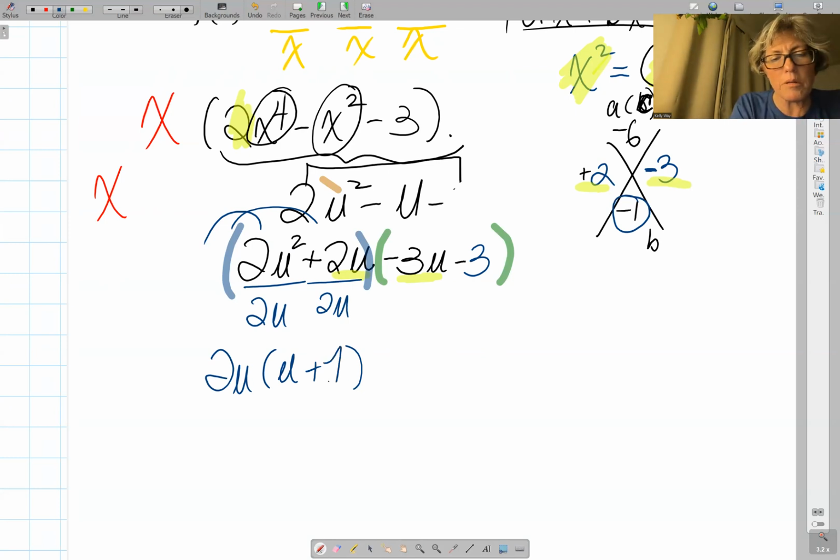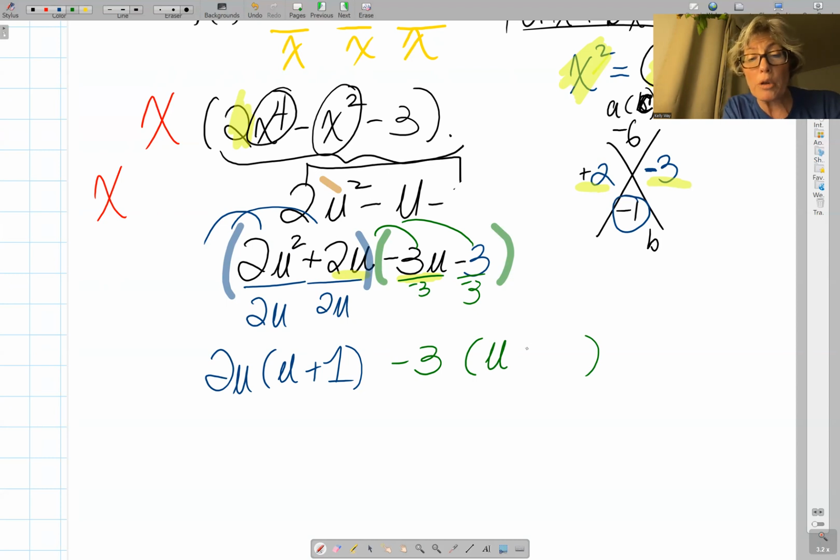There it is. Got it. This one on the right-hand side, I kind of want this to be u plus 1. That's how we kind of do grouping. So in order to do that, I'm going to take out a -3. So I'm going to divide both by -3 and take it out. And lo and behold, I've got u plus 1 now. Looky there.